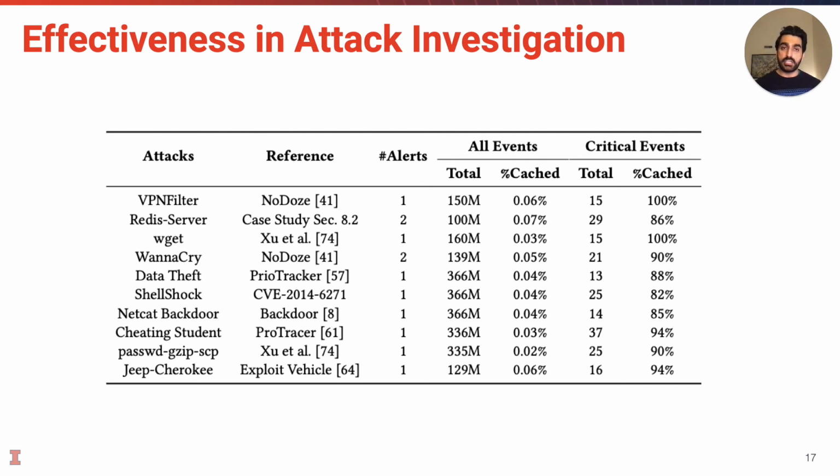The percentage cached column shows the percentage of the events cached in the main memory. This table shows that Swift had a much lower response time because it effectively cached most of the events that were related to the attacks in the main memory. In other words, Swift was able to significantly reduce disk IOs while generating causal graphs for the attacks.